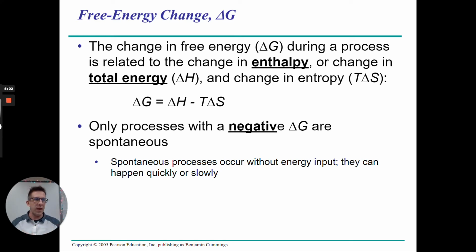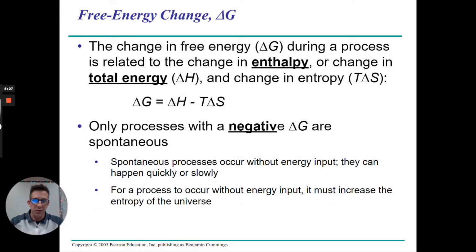If you left out some hydrogen peroxide, it would break down, but it would take weeks, months, possibly even a year, which is obviously not quick. There are ways that we can speed that breakdown up, but the idea is that spontaneous processes don't necessarily happen quickly. They can, but they just happen. And when they happen, they release free energy.